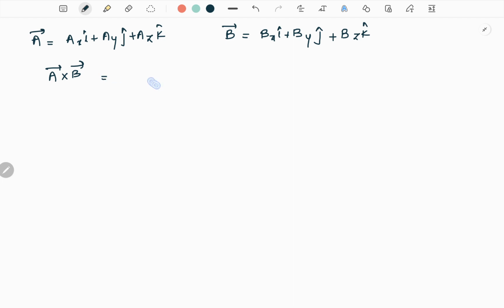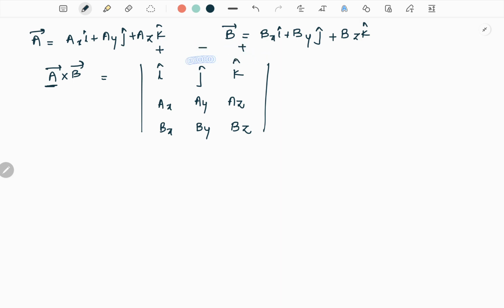First we will represent a determinant. The first row will be filled with i, j, k. The second row will be filled with the components of the first vector, A bar: Ax, Ay, Az. The third row will be filled with the components of B bar: Bx, By, Bz. Once we fill in the components, we find the determinant of this 3x3 matrix. While finding the determinant, we get plus, minus, plus.